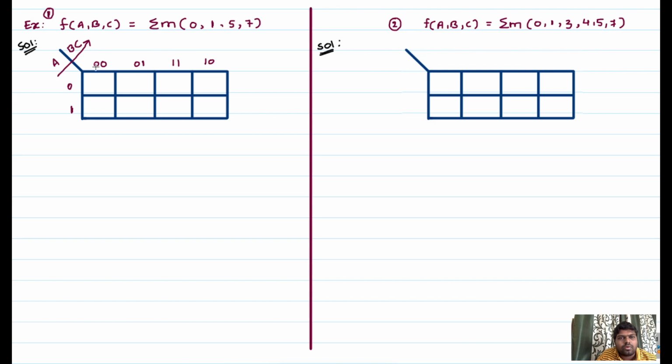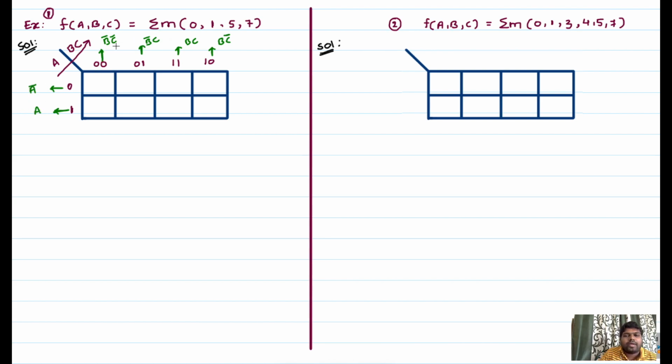Now I encode with complemented and uncomplemented variables. So now it will become B bar C bar, and this is B bar C, and this is BC, BC bar, and this one is A bar, and this one is A.